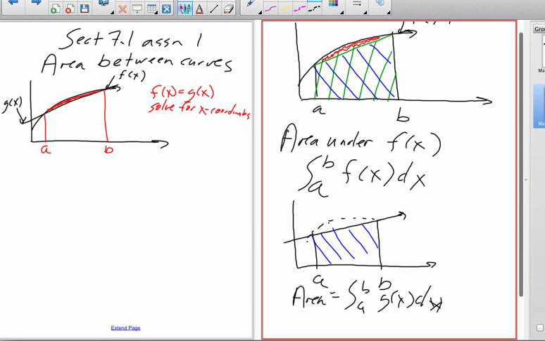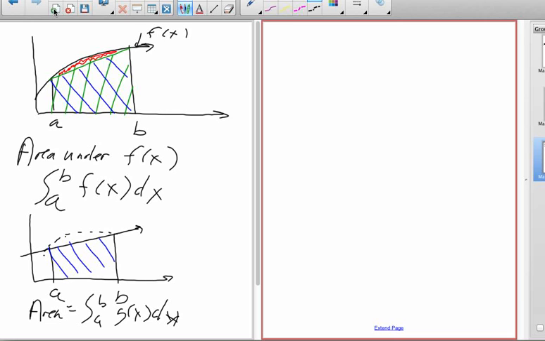And at this point, you should be able to see what's going on. So the area that we're interested in is the area under f minus the area under g.